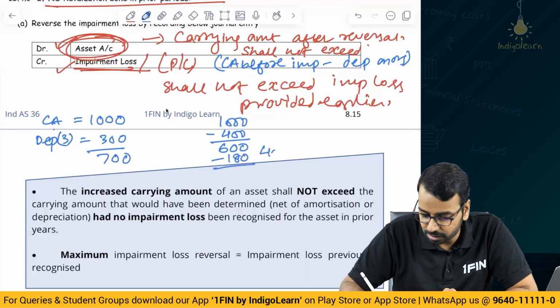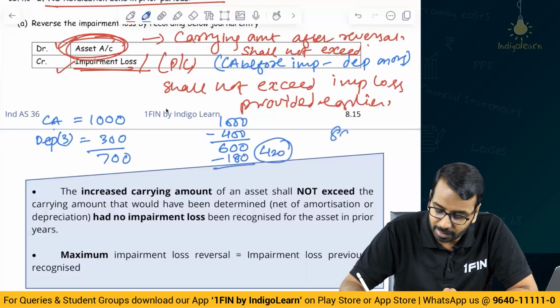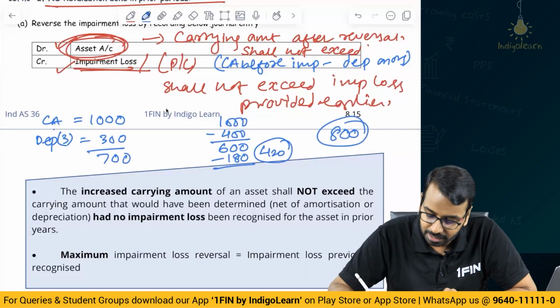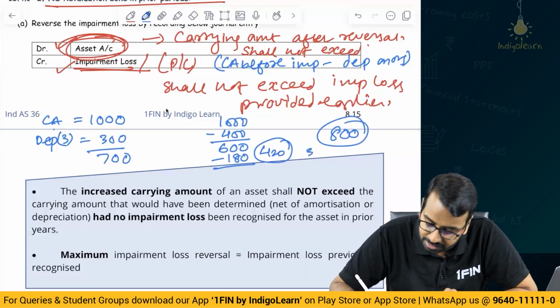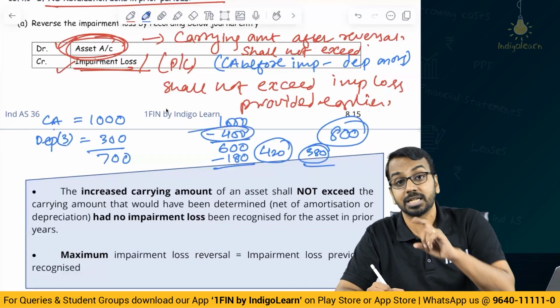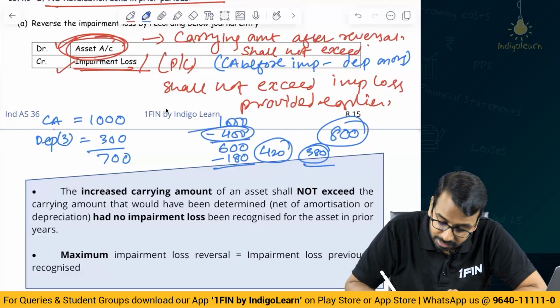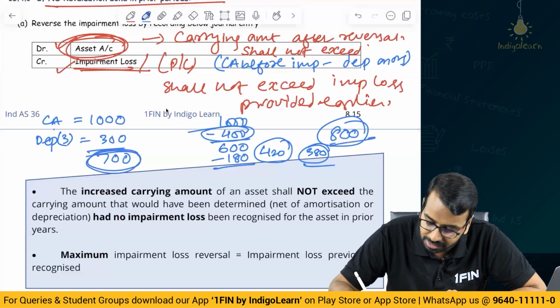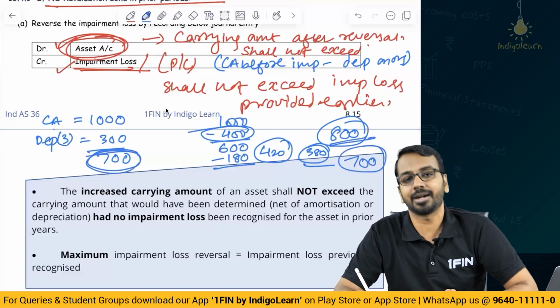So, you have a balance of 420. Now, if the recoverable amount is 800, 800 minus 420, 380 is the reversal. Can I reverse 380? By looking at this 400, you may say, yes, you can reverse 380, but the value after reversal cannot be greater than 700. So, I have to restrict this 800 to 700 only.